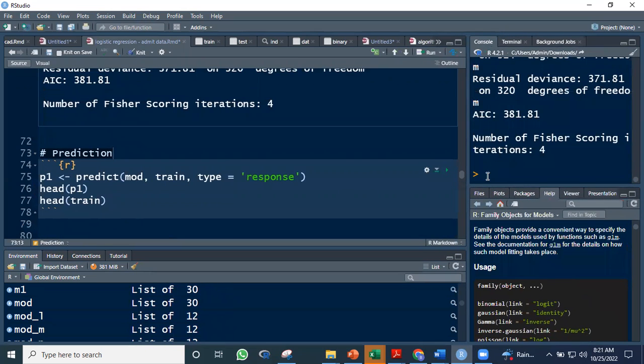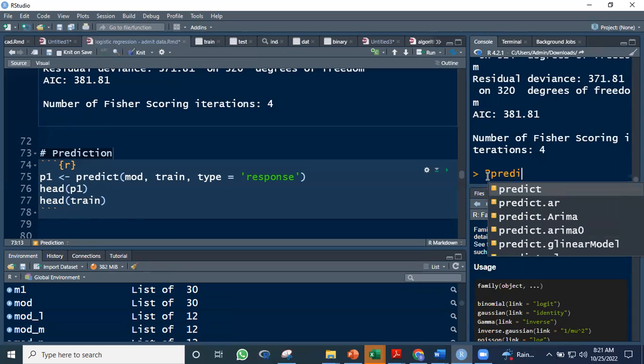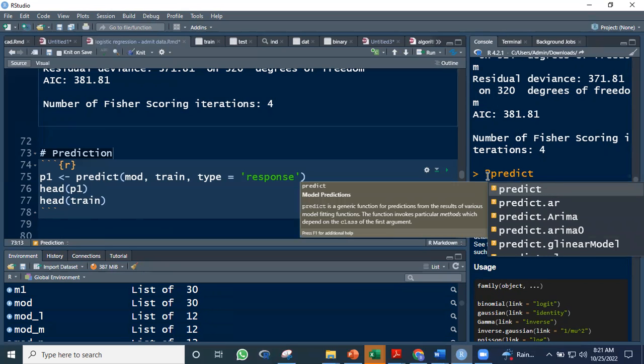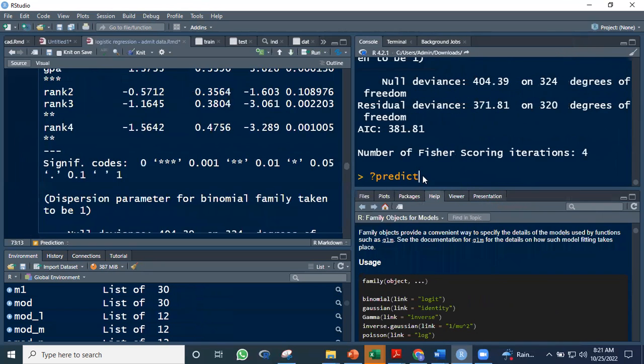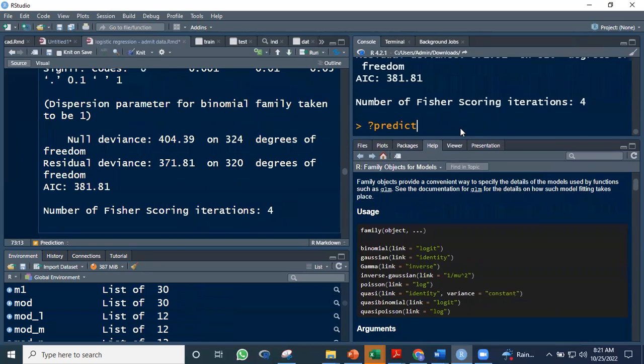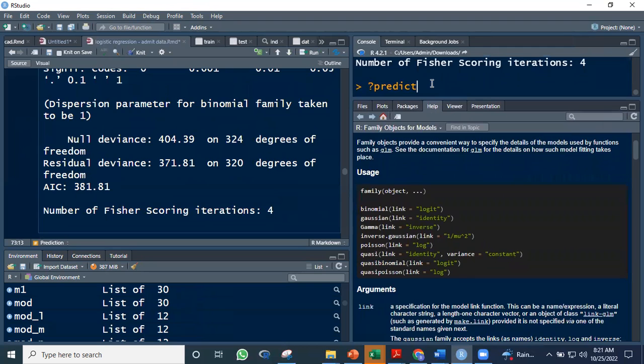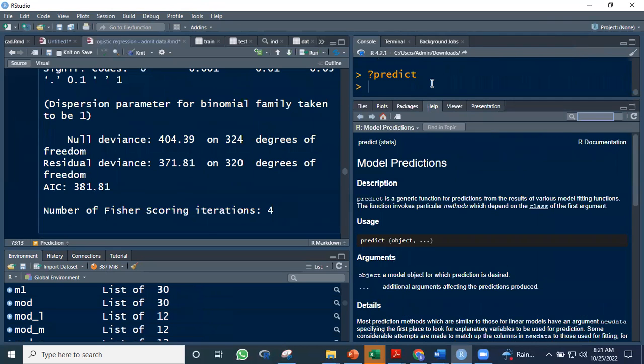Okay, so just to predict. Okay, so this is from the stats package.